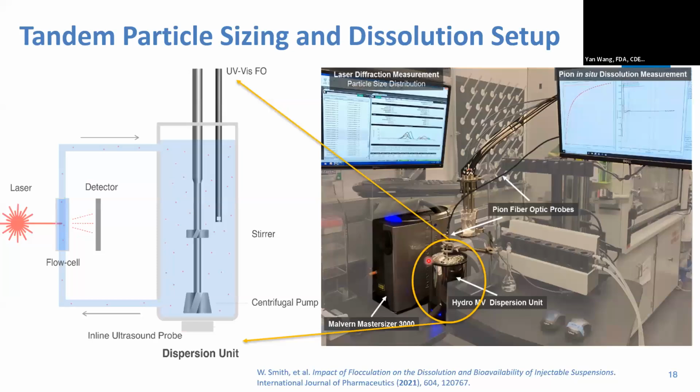So what the lab staff did is they assembled a Mastersizer for continuous inline monitoring of particle size change. And then they also introduced a UV-Vis system from Pion to continuously monitor the drug concentration in situ during dissolution. So this is a novel setup.